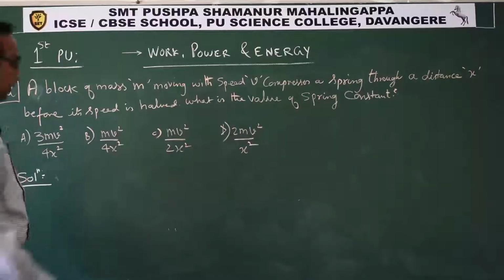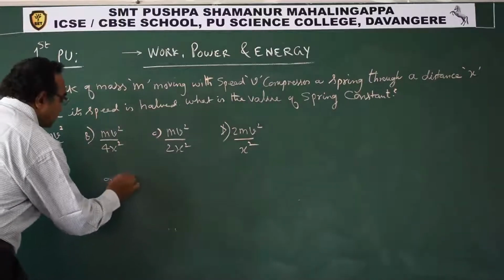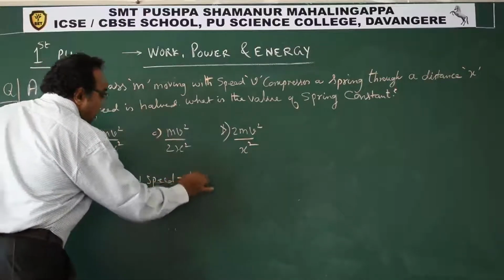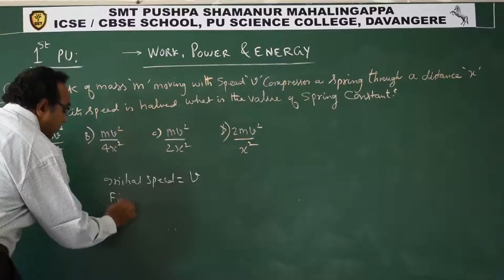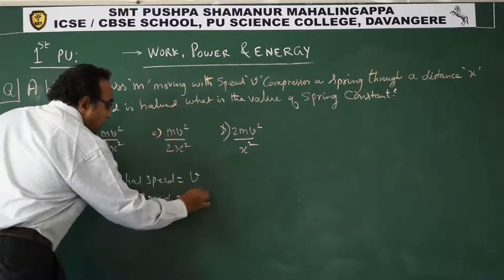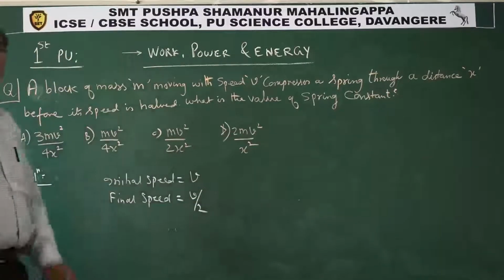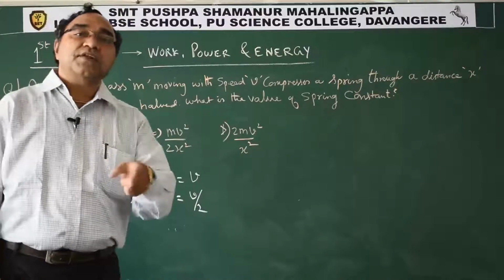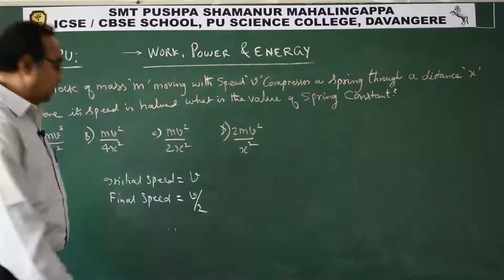First, what is given? Initial speed is v, and final speed is halved, so v by 2. So when there is a decrease in speed, this means there is a loss in kinetic energy.